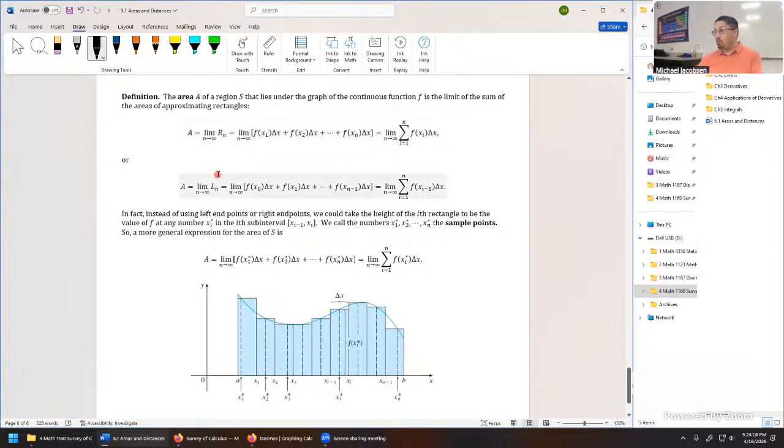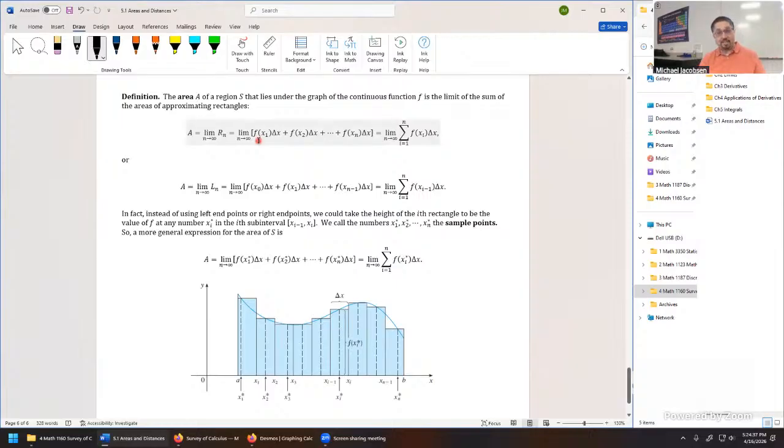But if you use left endpoints, same exact area. As the number of approximating rectangles goes to infinity, these approximations get better and better, and in the limit, it results in the true actual area itself. Here, the delta x is left on the inside, just distributed in.